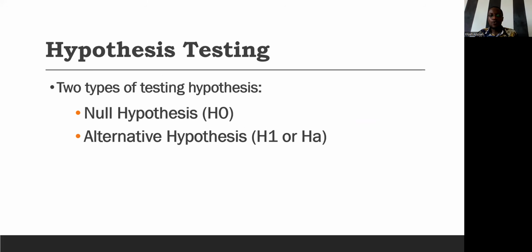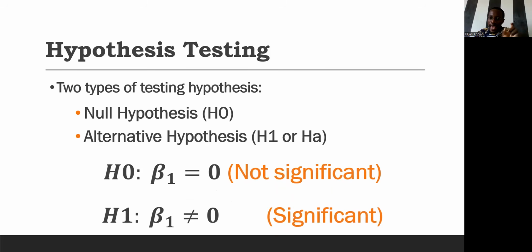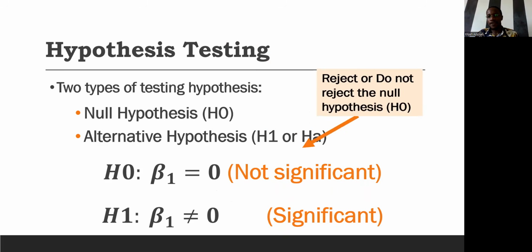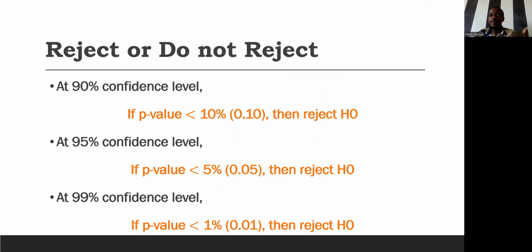So what we do is that we formulate the null hypothesis and the alternative hypothesis. And the null hypothesis will state that the estimate is not significant, and the alternative will mean it is significant. So if we end up rejecting the null, then we know that the estimate is significant. Of course, we make a decision as to rejecting or not rejecting the null hypothesis. So if the p-value is less than 10%, which is 0.10, we reject the null.